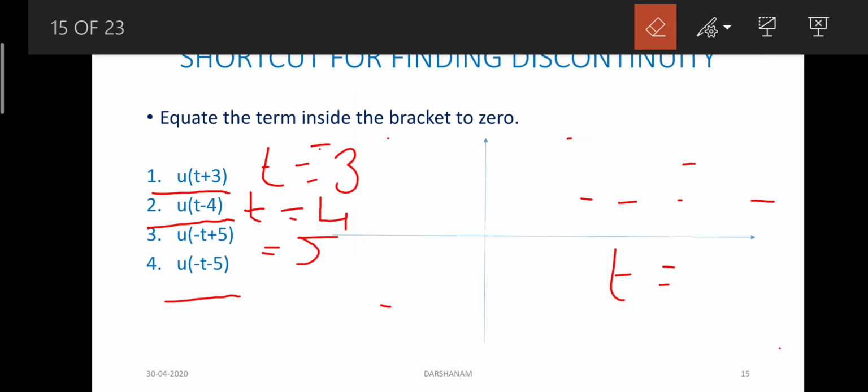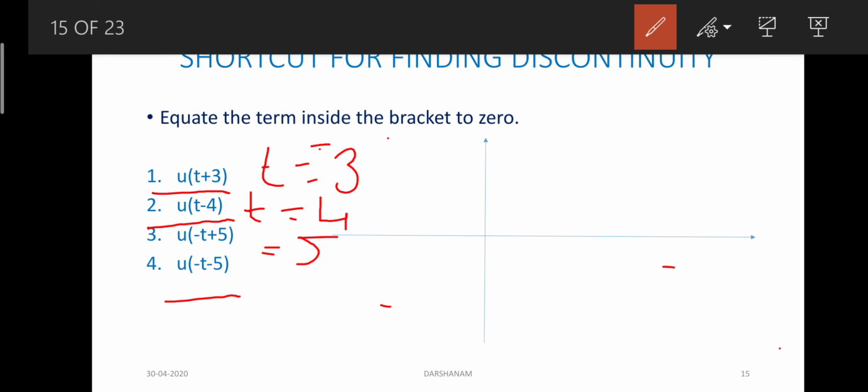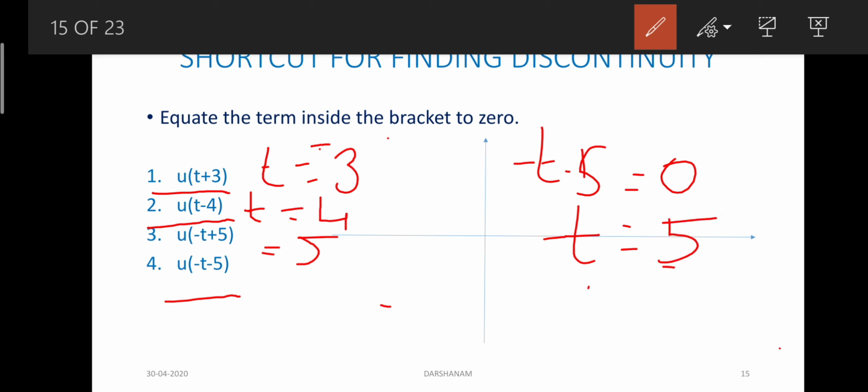Let's check where the discontinuity will be. That is minus t minus 5 is equal to 0. Minus t is equal to 5, and t is equal to minus 5.